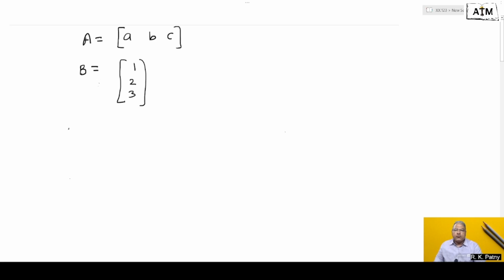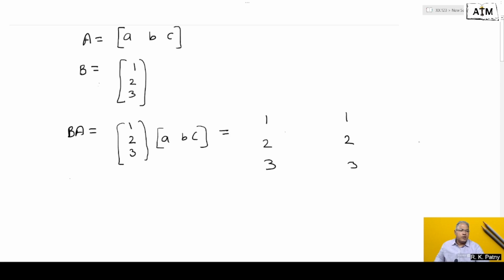Suppose you wish to find BA, then write down B first here, multiplied to A, that is A, B, C. This is equals to, first of all, write down 1, 2, 3, three times.